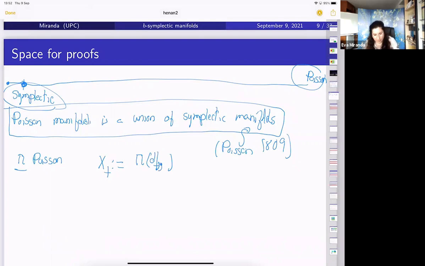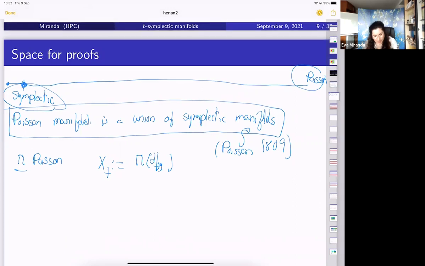Why the differential of f? Because I want to define the Hamiltonian with respect to the function f. F is a smooth function, and this has to give me a vector field, and this vector field is the Hamiltonian vector field.